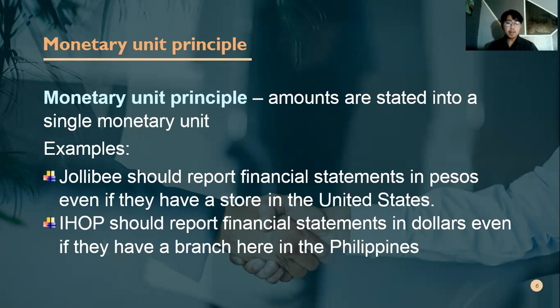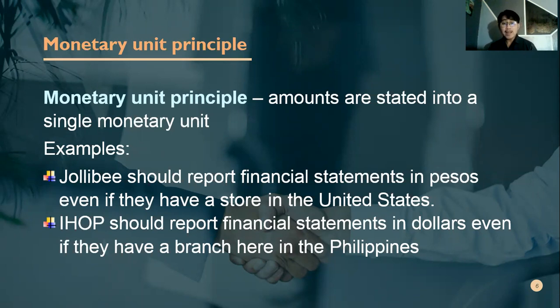So another example is that IHOP should report financial statements in dollars even if they have a branch here in the Philippines. So the company IHOP is from another country. Okay? Since they are from another country, they must use kung anong monetary unit ang ginagamit nila doon.